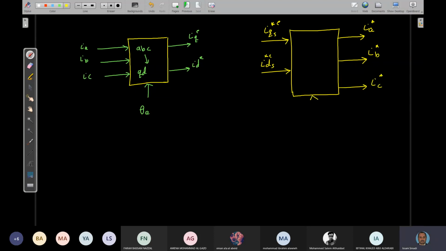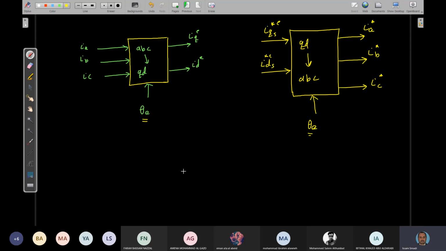So here also I need to do my transformation. I need the angle theta E, and here I will do the transformation from QD to ABC. So in order to realize the vector control, I need to construct theta E.